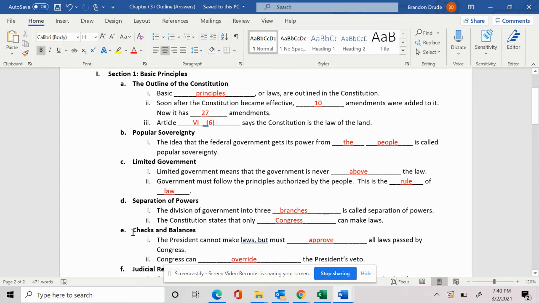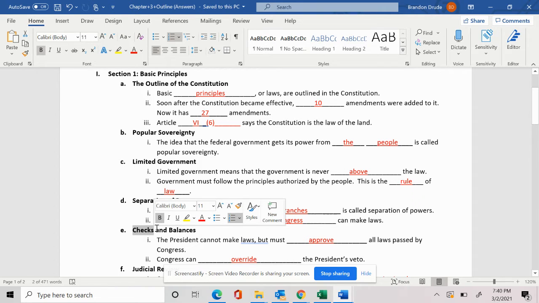A check, for those that want to know, is what you get paid with at the end of the week when you work, but it also means a correction. It is making sure that they're following the rules. So if someone says a swear word in class and I check them, I say, no, language, you don't use that, I would be making sure that they're following the rules.